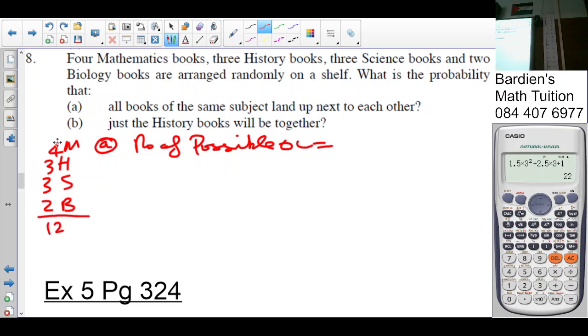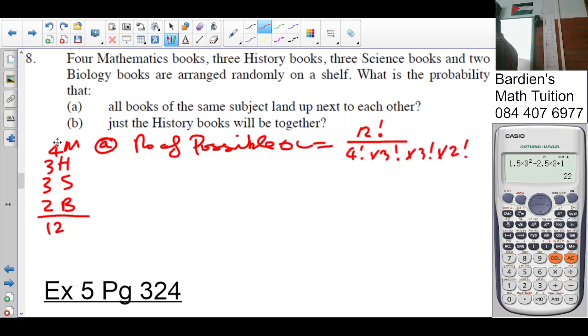There's 12 books, not so. So it's going to be 12 factorial over 4 factorial times 3 factorial times 3 factorial times 2 factorial. Okay? Number of favorable outcomes.